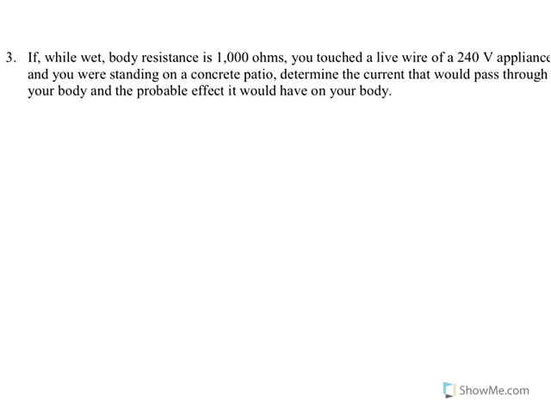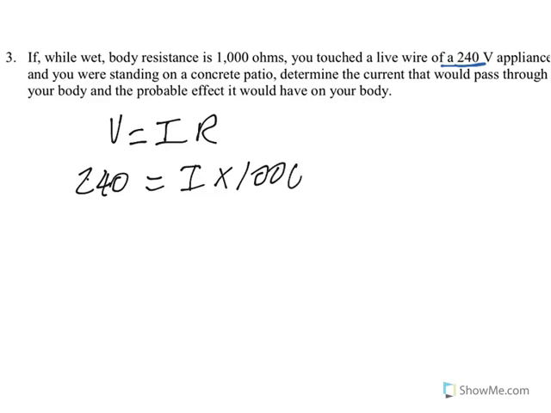Now, if you then look at this example, instead of just a car battery, we're now touching 240 volts. V equals IR. So 240 equals the current times 1,000.